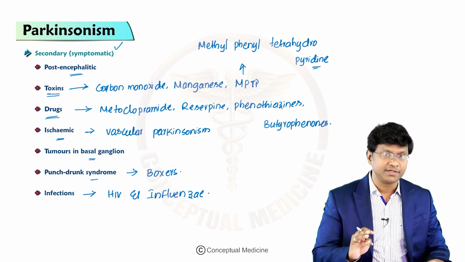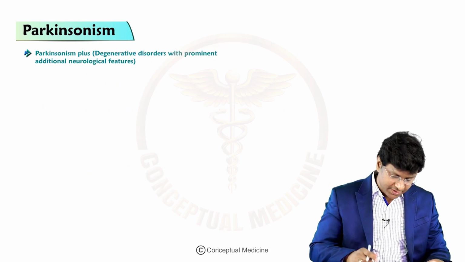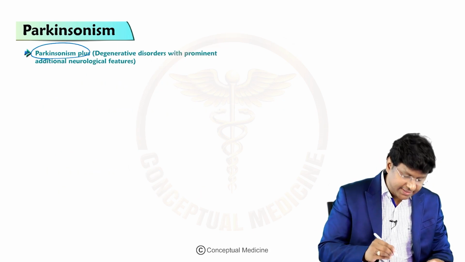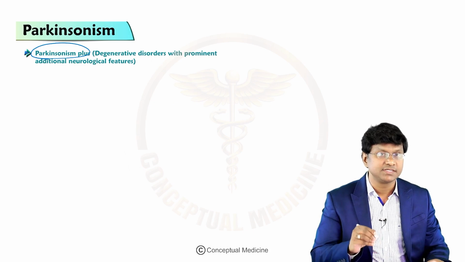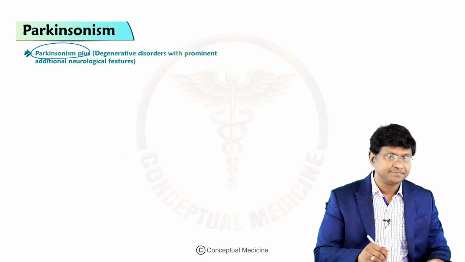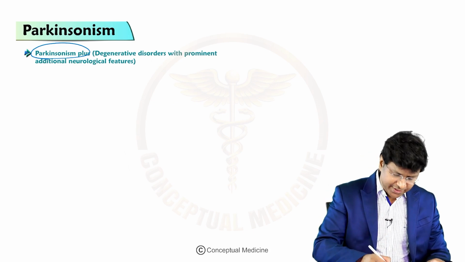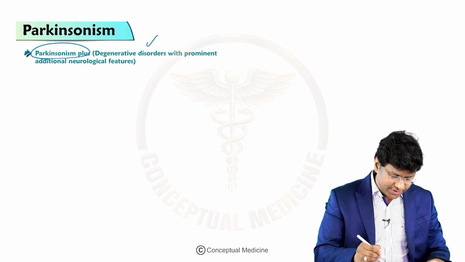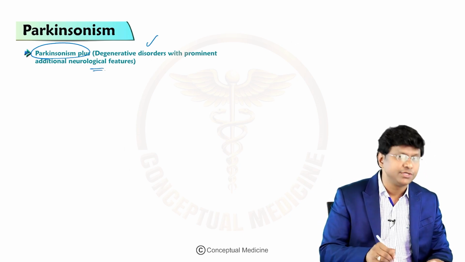So we have primary Parkinsonism, secondary Parkinsonism, and then we have what is called Parkinsonism plus, or Parkinson's plus. Here, it is a scenario where you have degenerative disorders with prominent additional neurological features.